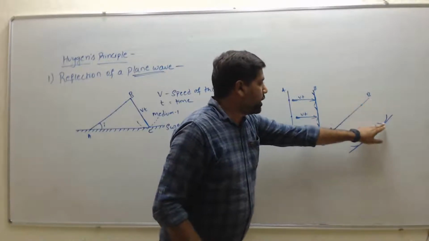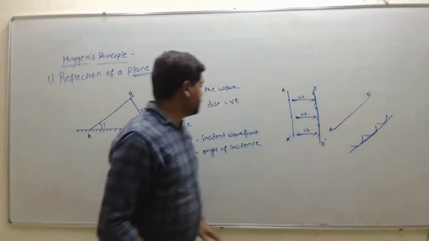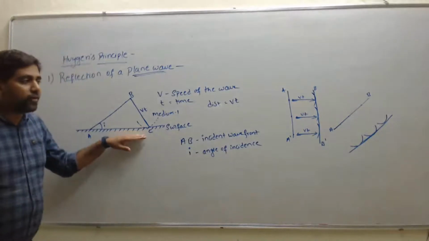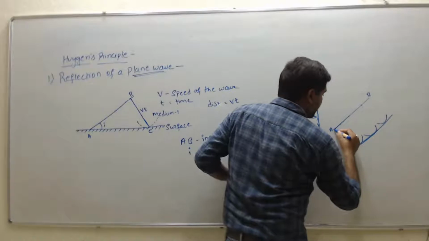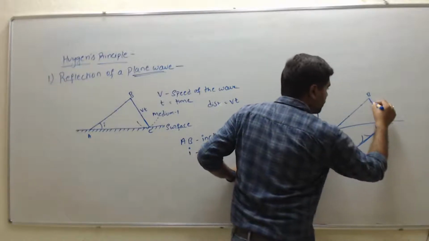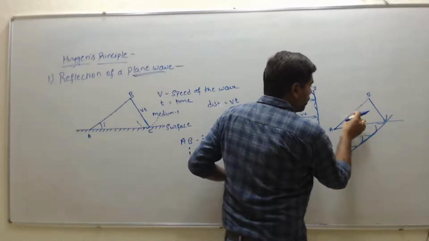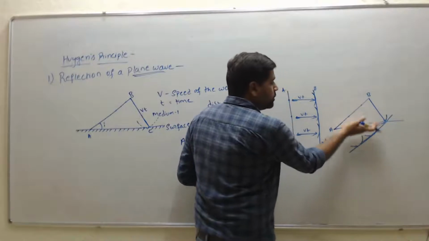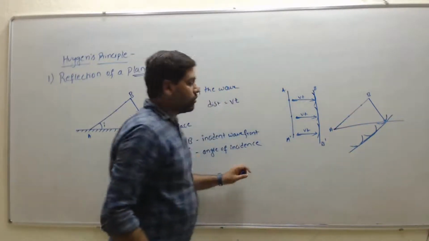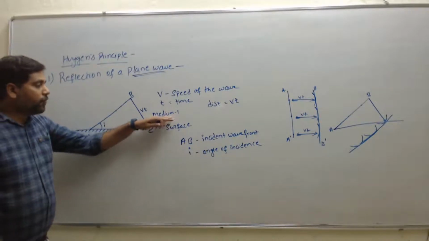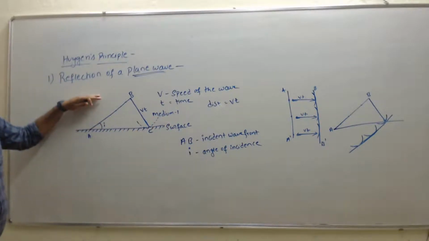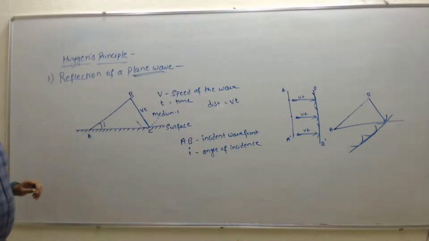At the point B, I get this one, but this is the reflecting surface. We can't place these two because from here to here is the reflecting surface. For these points, the wave cannot be transmitted into the second medium. So this is the surface which separates the 2 media, and due to reflection, these are reflected back into the same medium.